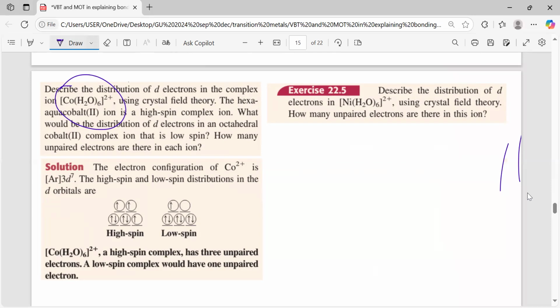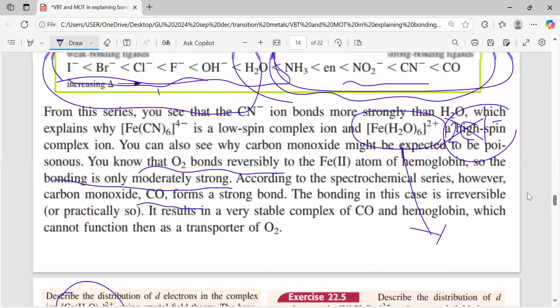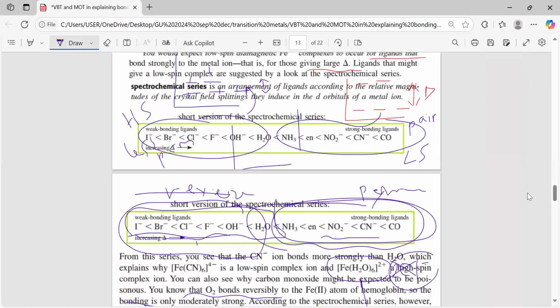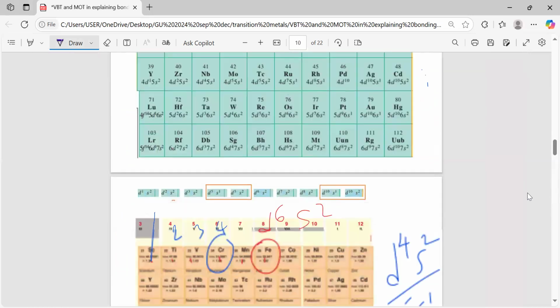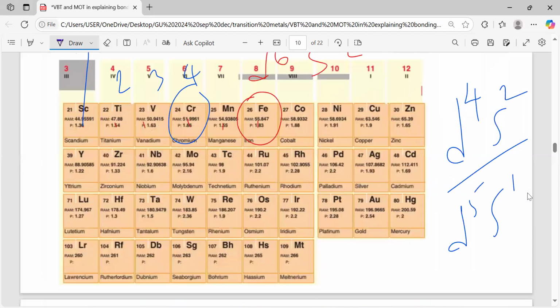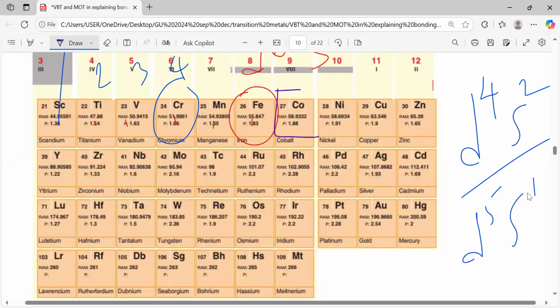Again, for us to figure out whether it forms both high spin and low spin complexes of cobalt 2 plus, we look for cobalt. What type of metal is it? Is it a D1, D2, D3, or D5? So I'll scroll quickly to the periodic table and look for cobalt. Cobalt is here. So it is 1, 2, 3, 4, 5, 6, 7. It's a D7, S2.